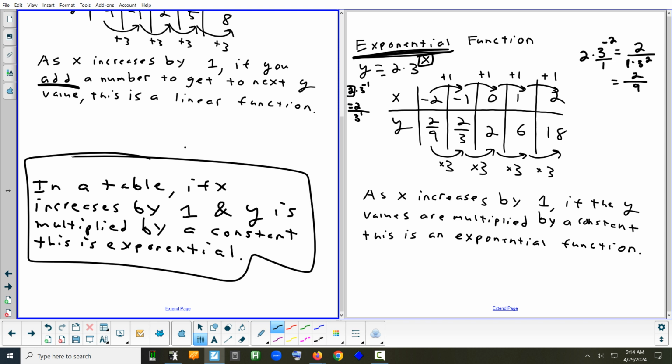Okay, so that's important. So in a table, if the x value goes up by 1 each time, and the y value is multiplied, that's the whole key, multiplied. Let me highlight that, that's important. Not added, it has to be multiplied. That is exponential.